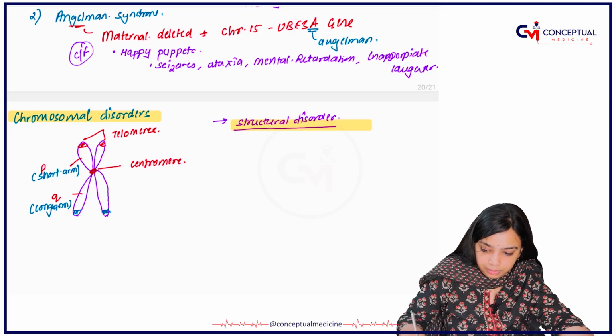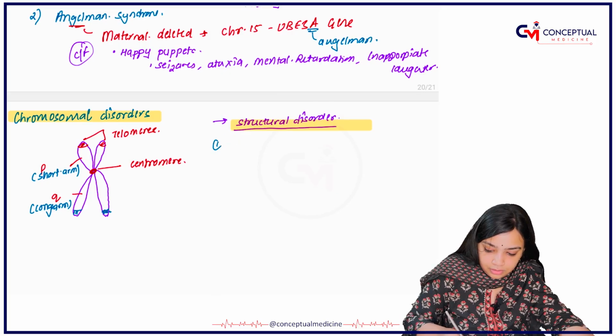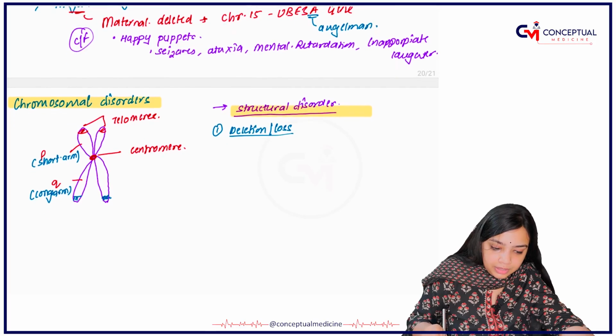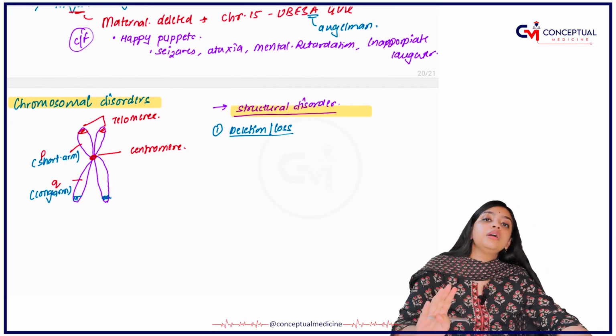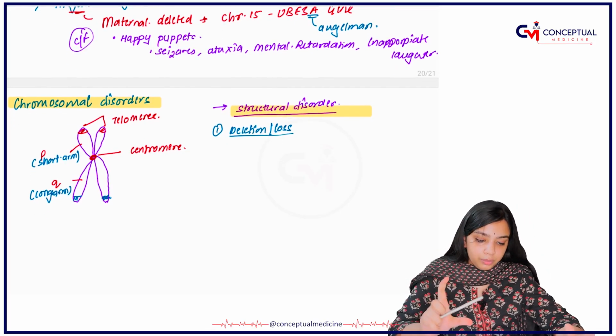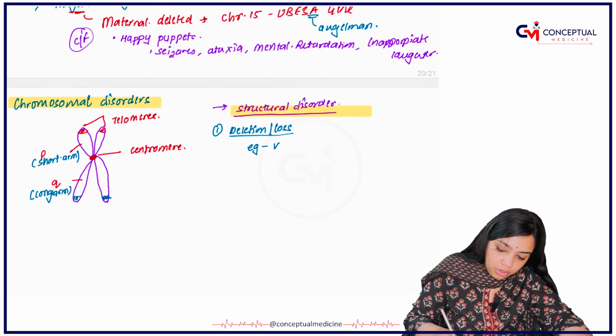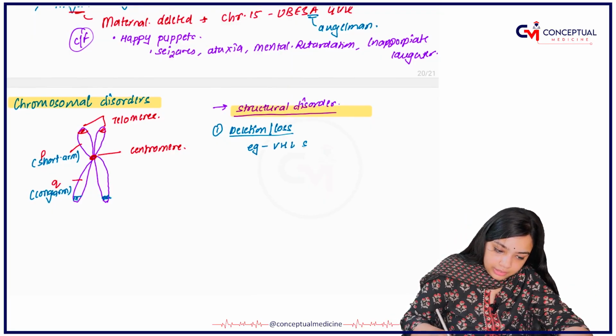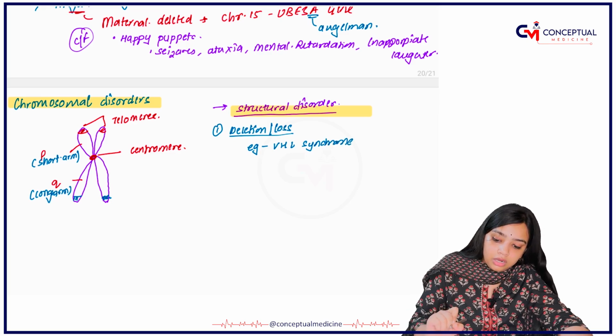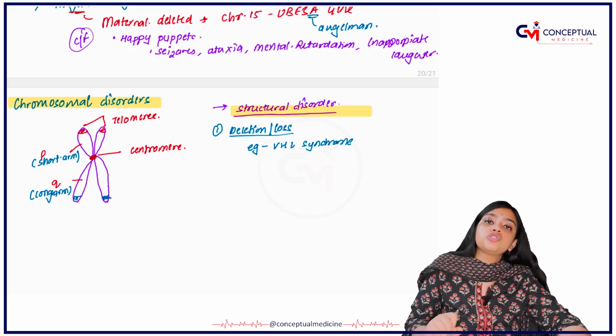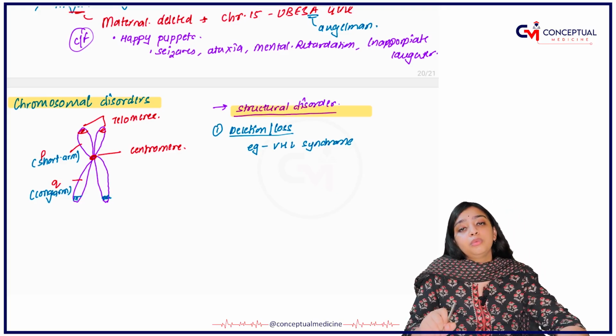First one is the deletion, or loss of chromosome. The whole or a small part of the chromosome is being deleted. An example is your VHL syndrome. What is VHL syndrome? I have told you earlier.